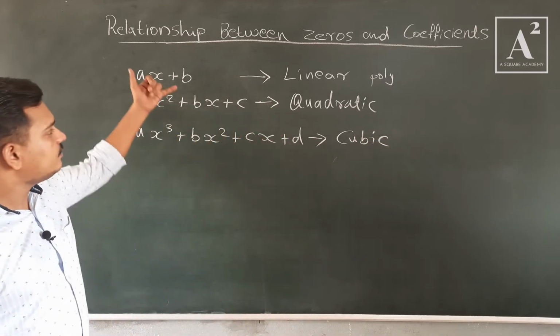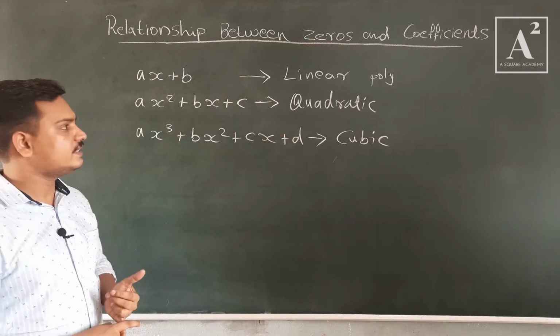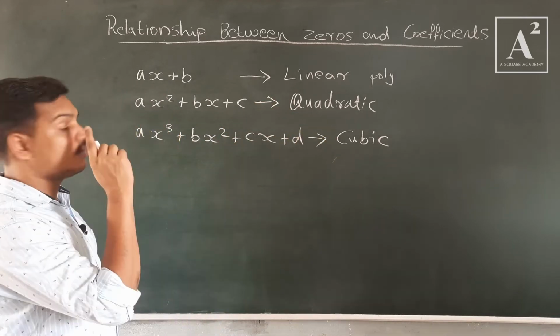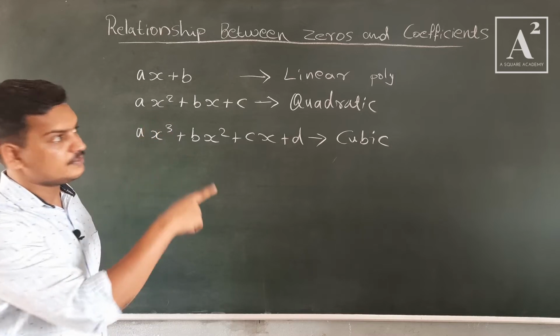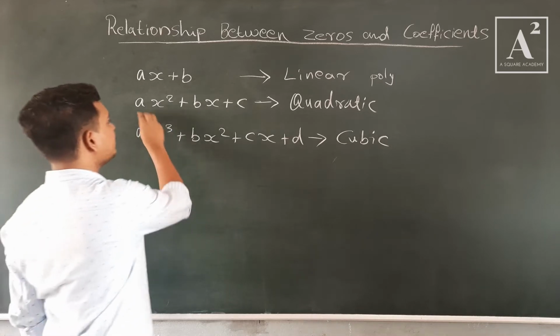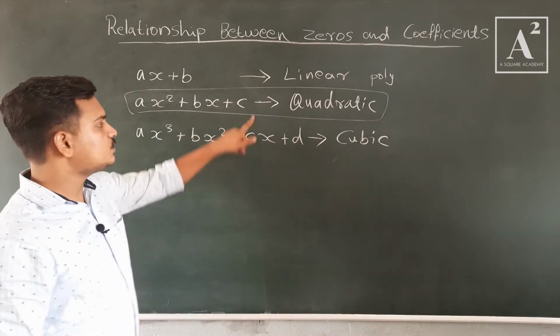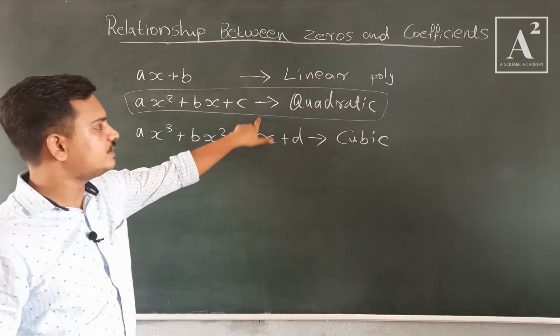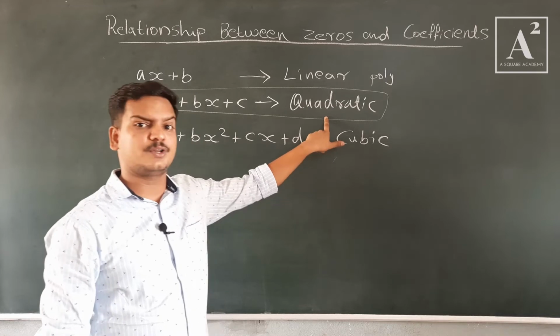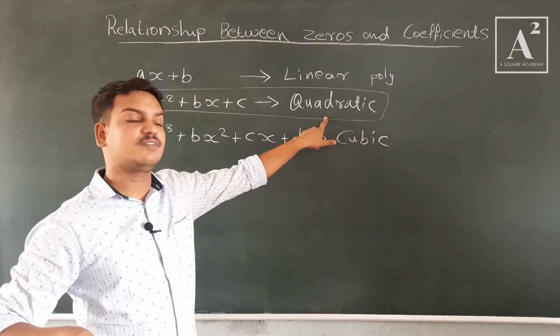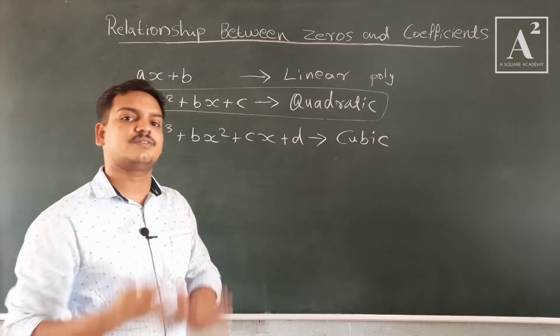So there are three basic forms: linear polynomial, quadratic polynomial and cubic polynomial. When we talk about a relationship between zeros and coefficients, we are going to stick with this one. This one is important for us. We are going to discuss only quadratic polynomials. So we will find the zeros of a quadratic polynomial and also the relation between zeros and coefficients of the polynomial.